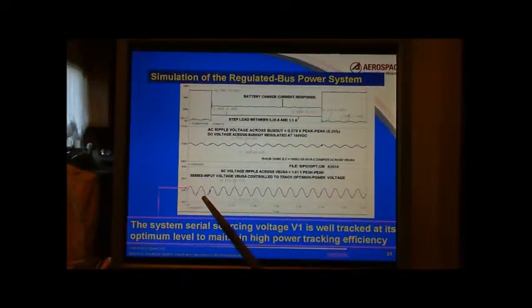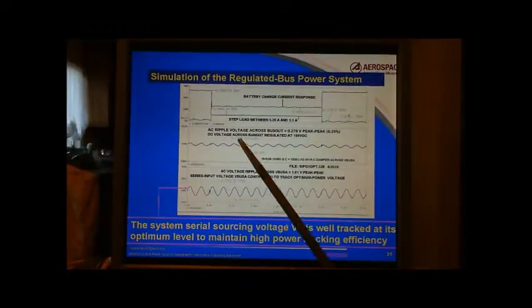and this ripple also propagates into the bus output voltage as well.